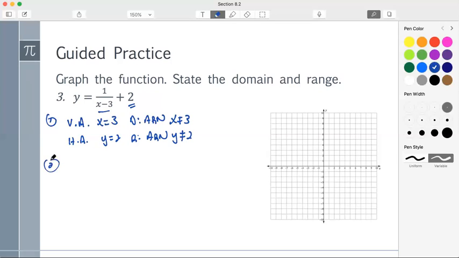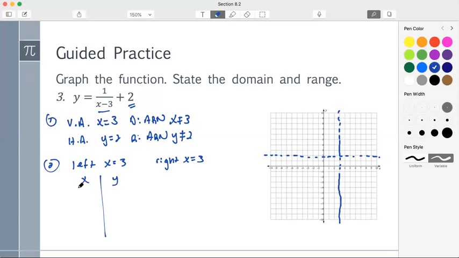All right, step 2, we're going to pick points, but I like to graph my asymptotes first, so I get an idea of what points to pick. So I want left of x equals 3, and I want right of x equals 3. X and y chart.